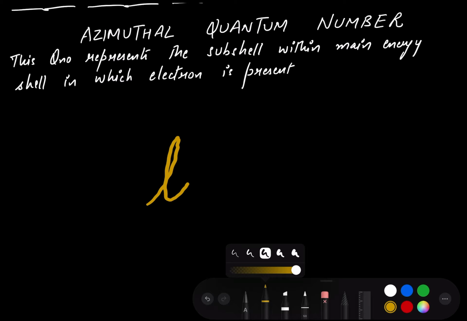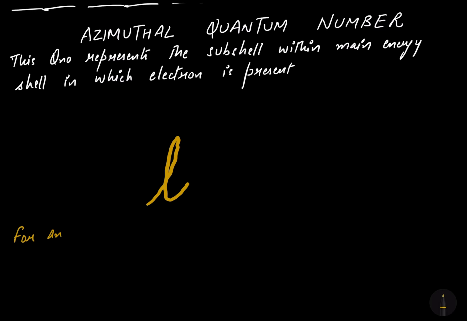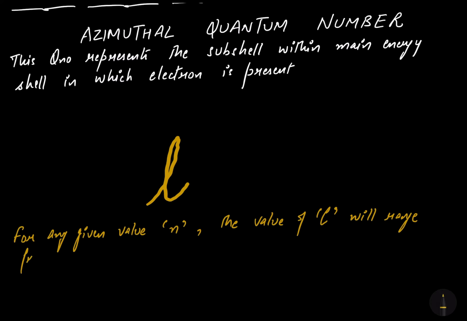So I'm writing, for any given value of small n, that's the principal quantum number, the value of small l will range from 0 to n minus 1.